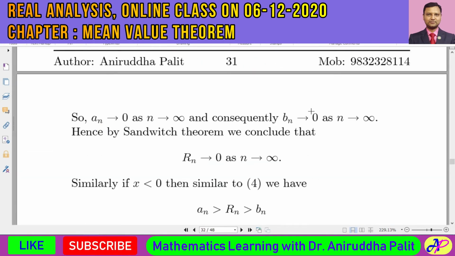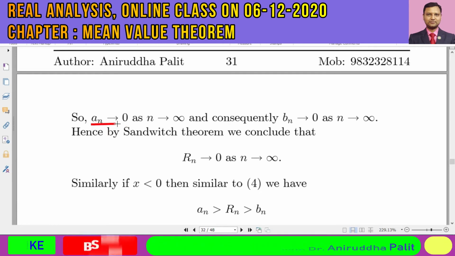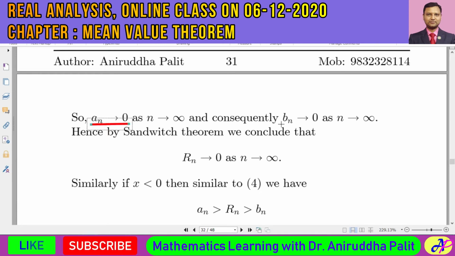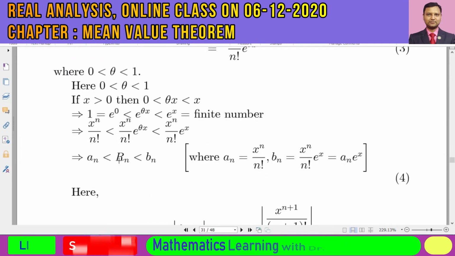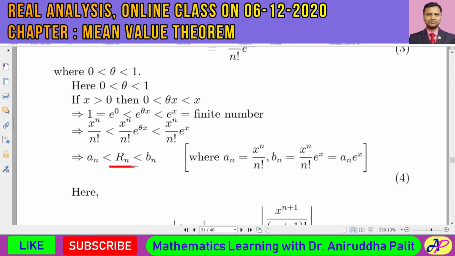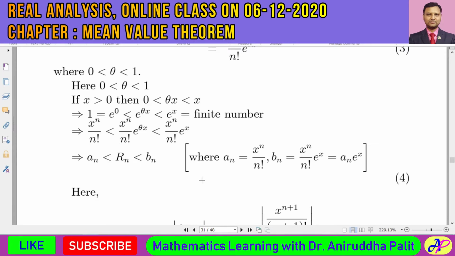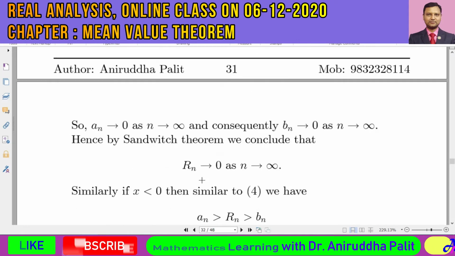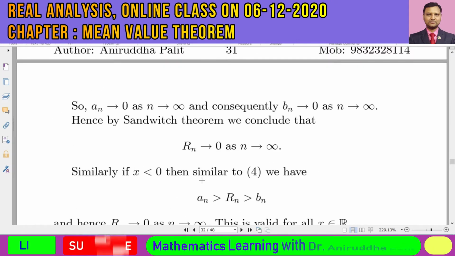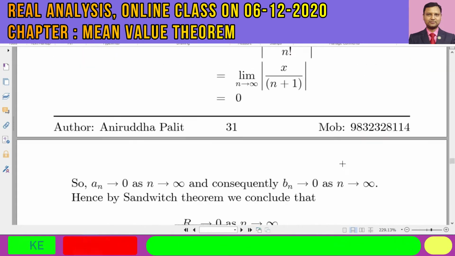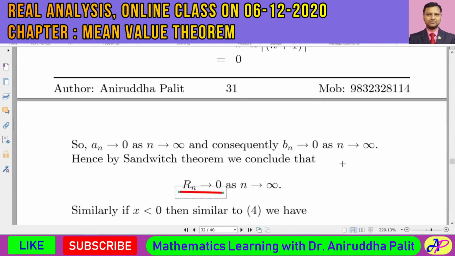Therefore, an tends to 0 and bn tends to 0, and by the sandwich theorem the intermediate quantity Rn, in between an and bn, should tend to 0 as n tends to infinity.